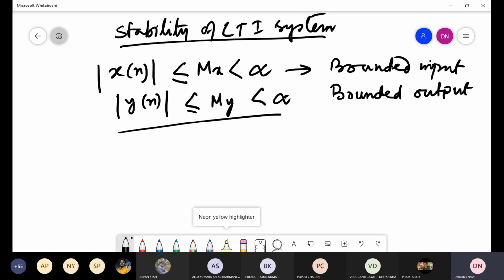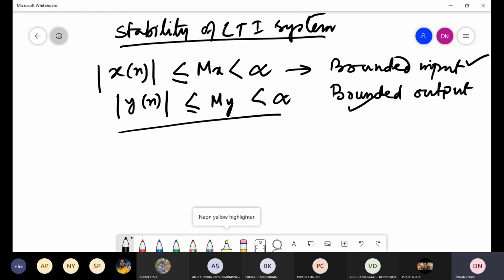And for a stable system, if bounded input produces bounded output, then the system is called BIBO stable. You are applying bounded input at the input side and getting bounded output at the output side. Then the system is called a BIBO stable system. BIBO: bounded input, bounded output.